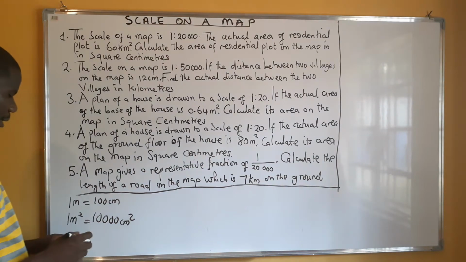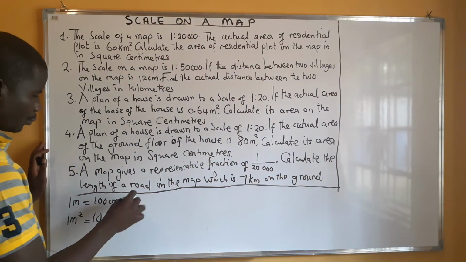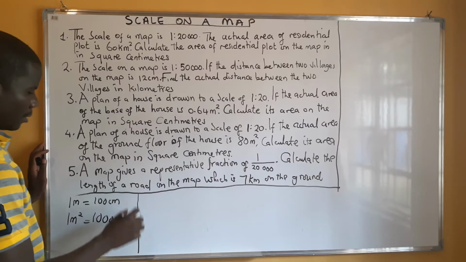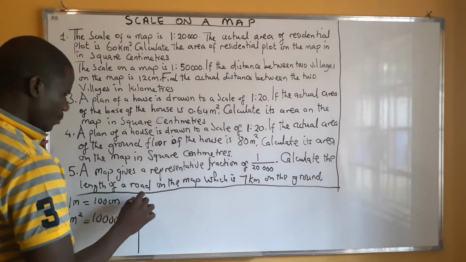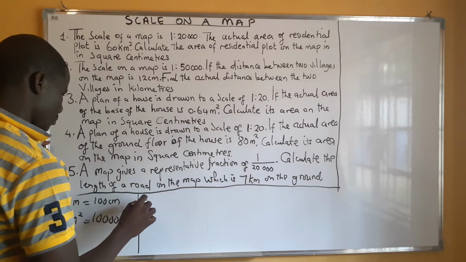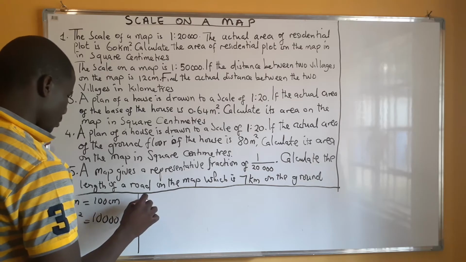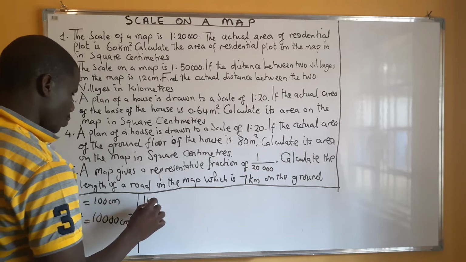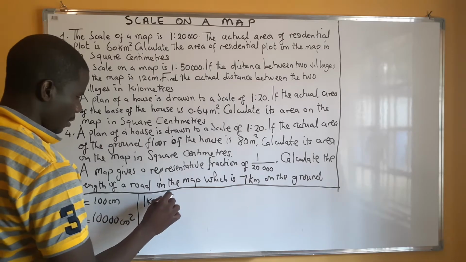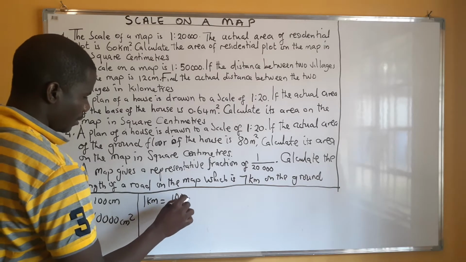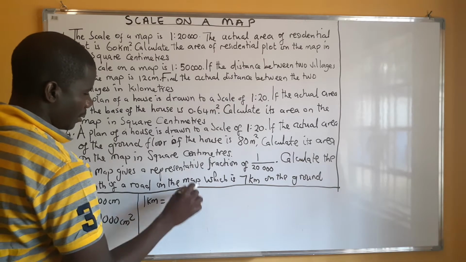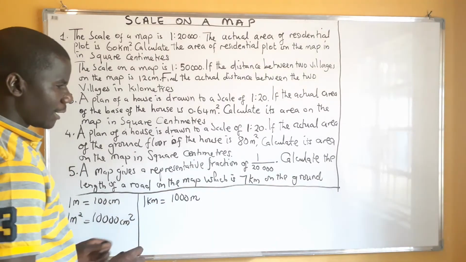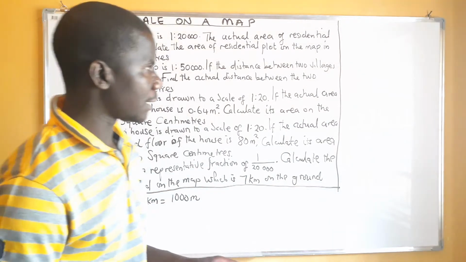All right? Then let me come to 1 kilometer. 1 kilometer is equal to what? 1,000 meters. That's very important there.